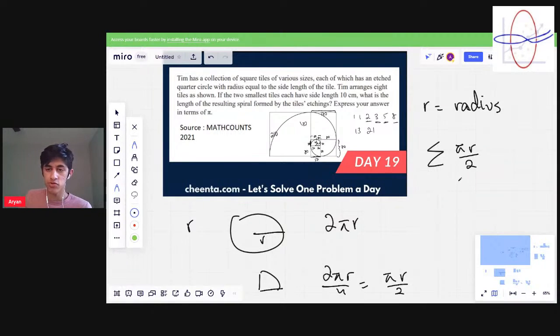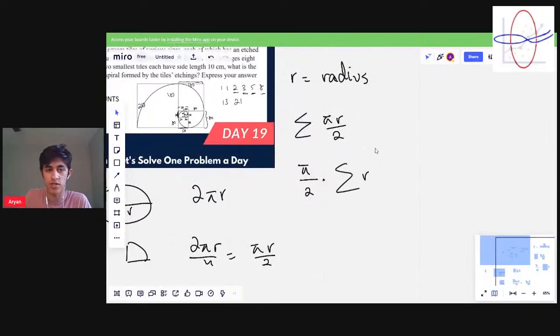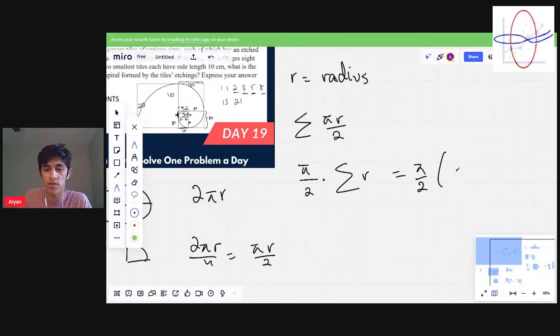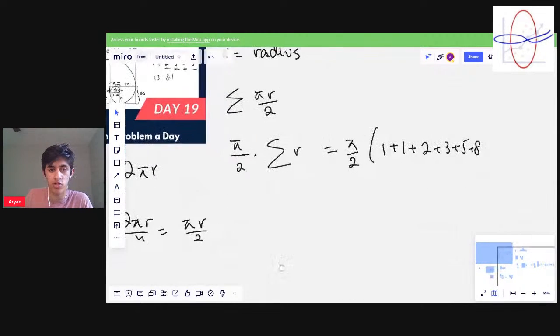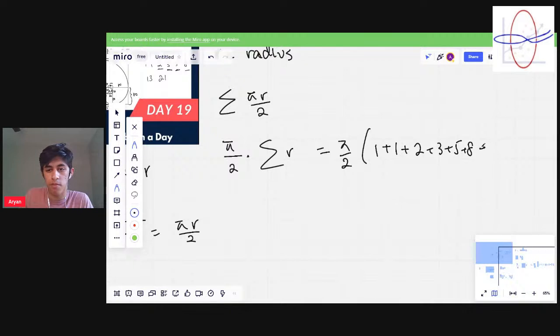Pi over 2 is constant, we're always multiplying by it. So we can say we have pi over 2 times the sum of all of our radii. This is pretty easy to do. This is just pi over 2 times 1 plus 1 plus 2 plus 3 plus 5 plus 8 plus 13 plus 21.